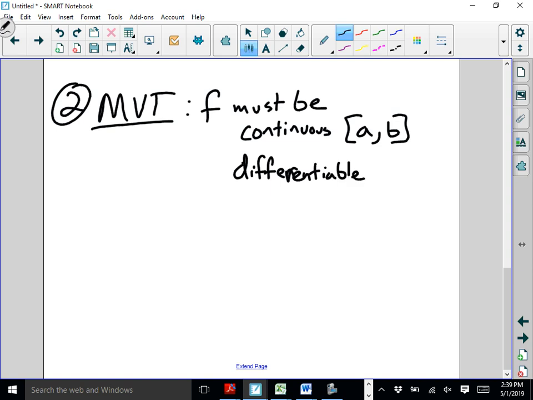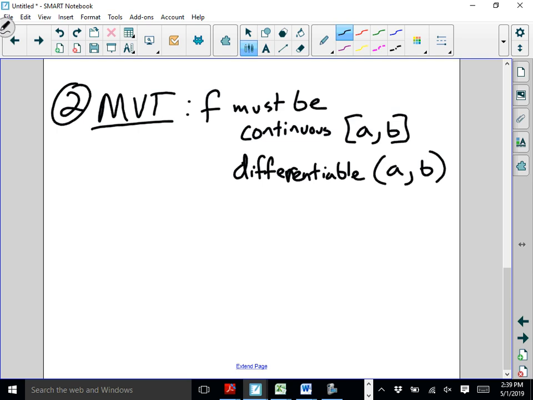Okay? So I often say, to use the MVT, we have to have differentiability. Differentiability implies continuity. Oftentimes they love to ask you multiple choice questions that attack your knowledge that we need differentiability to use the MVT.